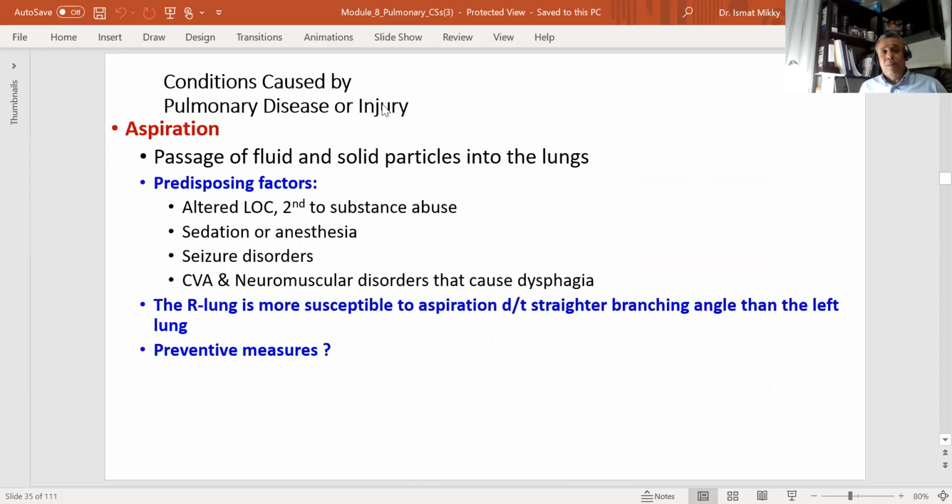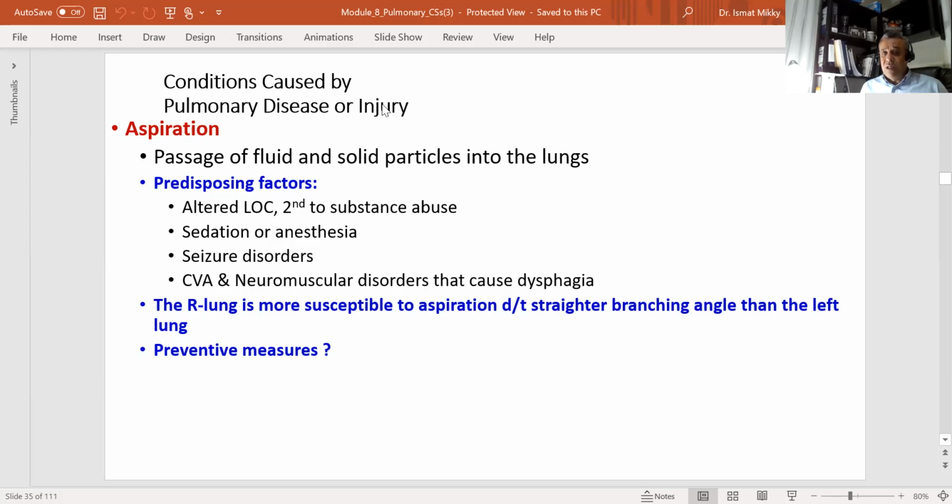Aspiration, which is defined as the passage of fluid and solid particles into the lungs. The first and most common factor is an altered level of consciousness. It can be due to substance abuse or any other factors.